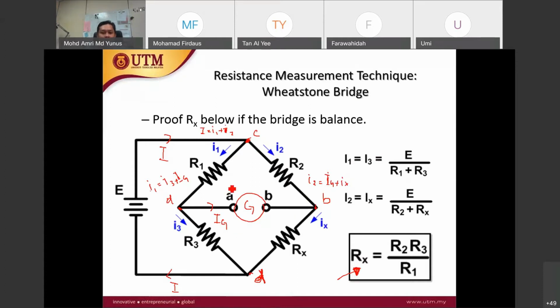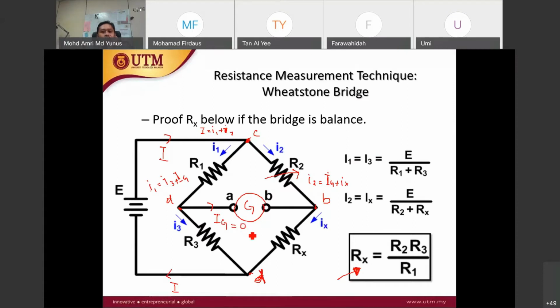But remember, on one arm of the bridge, let's say R2 is a big variable resistor and Rx is the unknown value. So we adjust R2 until Ig is zero.